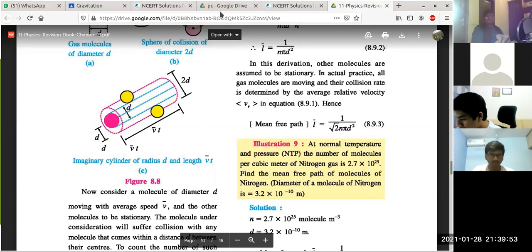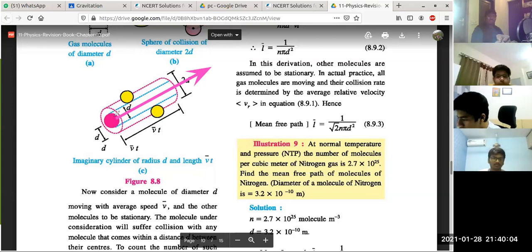If this pink molecule is going in a straight line like this, then all the molecules which come in the vicinity of a certain cylindrical zone, such that the perpendicular distance between the centers of the two balls is less than d, these two balls will collide.